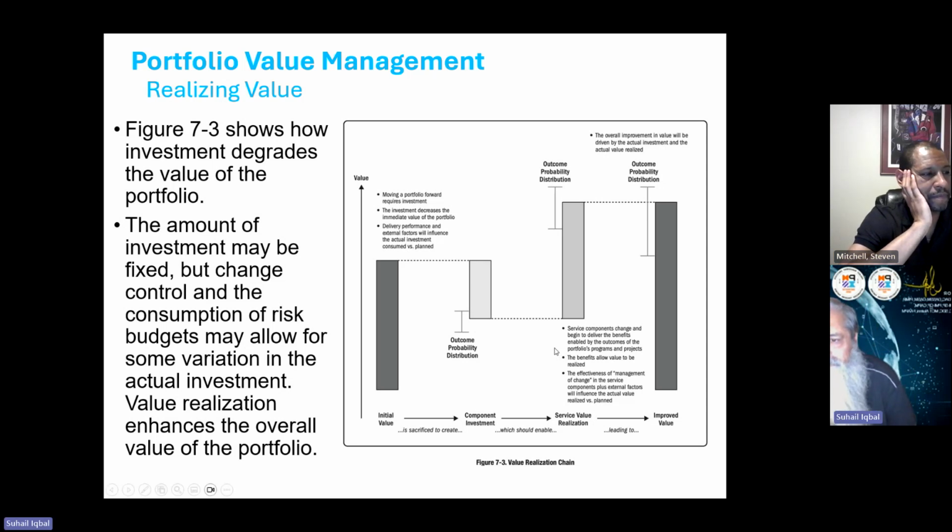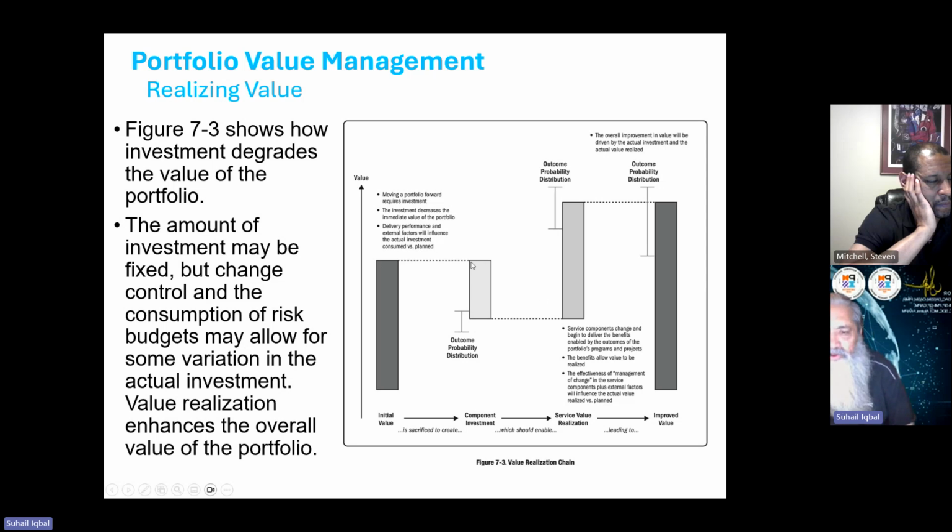That is the point. So we keep revising our component investment, service level realizations, and ultimately we expect through this change exercise, which we are continuously doing to our components, that the ultimate value, the improved value, would be better than the initial value.